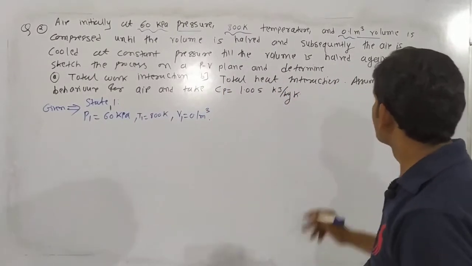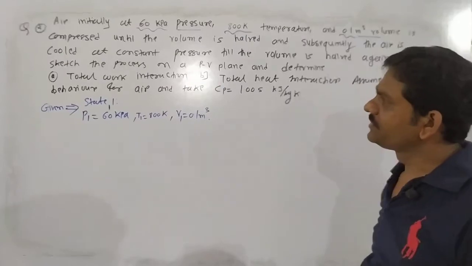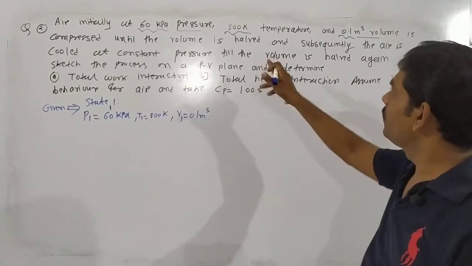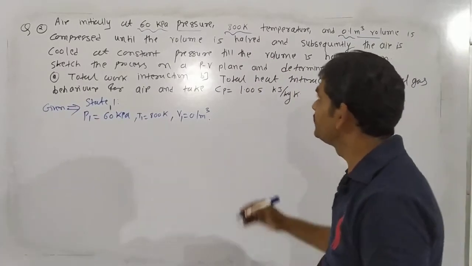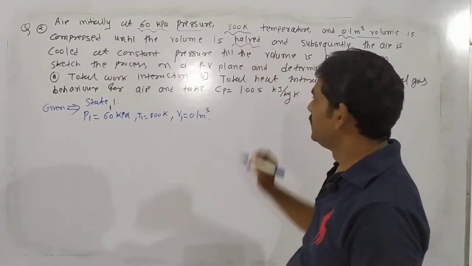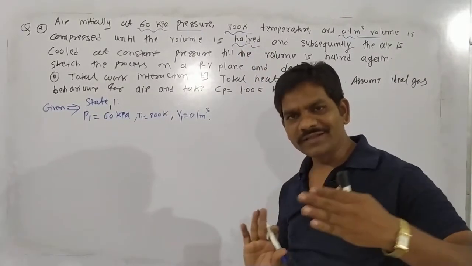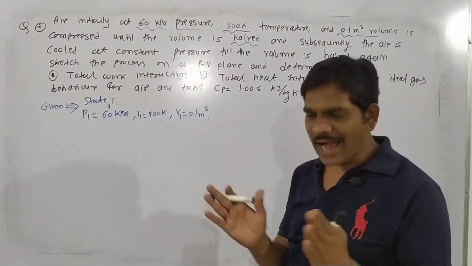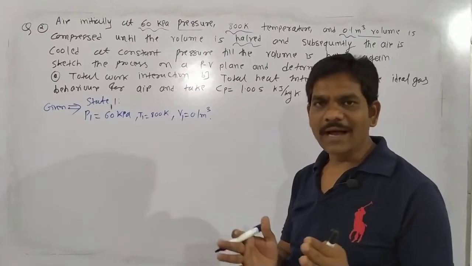Then the gas is compressed until its volume is halved. Look at this word: this gas we have to compress until its volume is halved, meaning its volume becomes half.